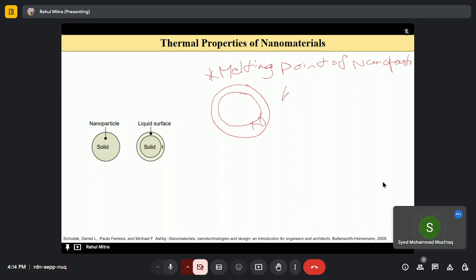What are the things that we need to write? We know that delta G total equals delta G bulk plus delta G surface, right?